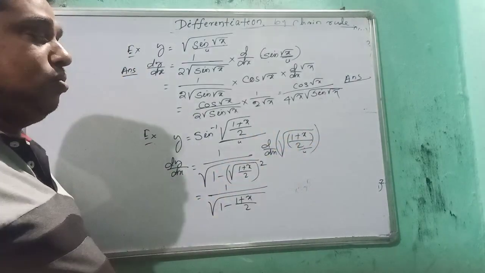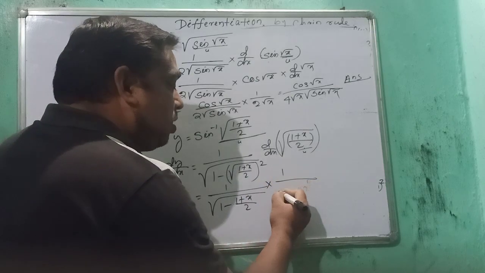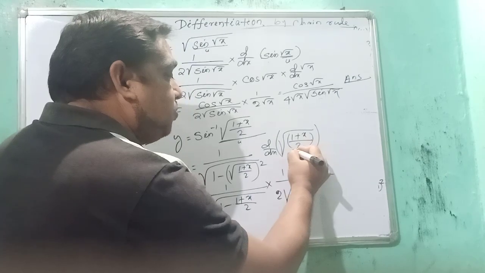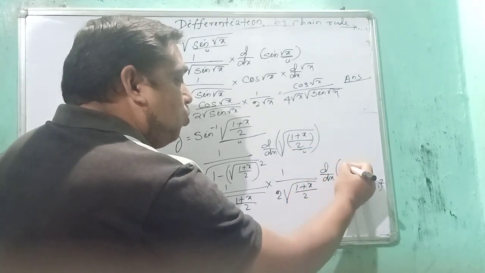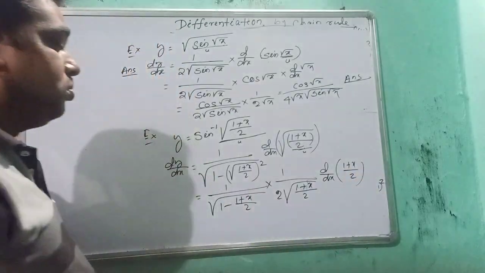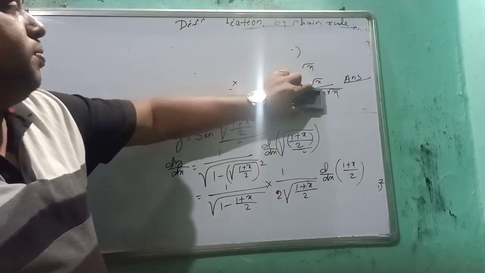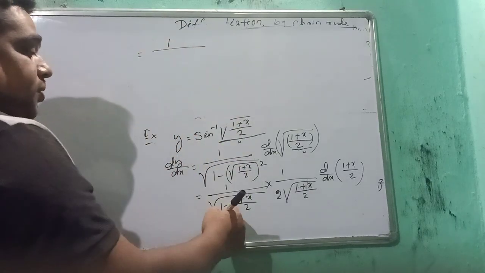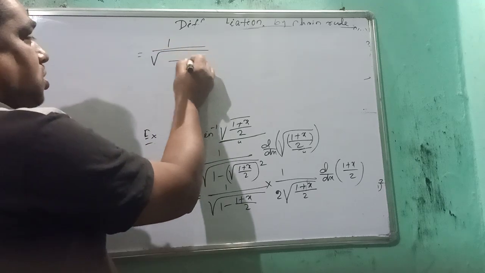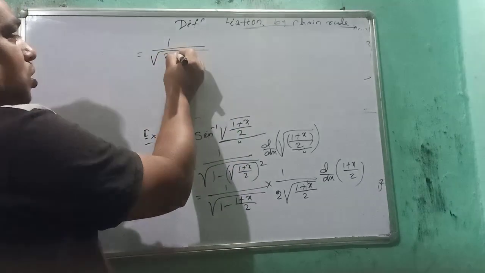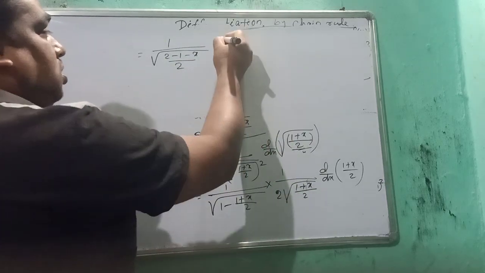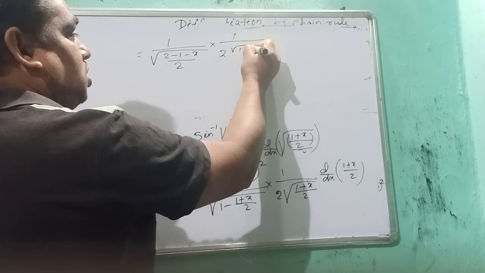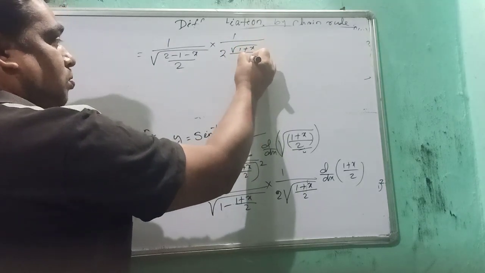Now this function is taken as u here. Then this one is root u. What is the derivative of root u? 1 by 2 root u, into again the derivative of this function u, the derivative of 1 plus x by 2. Now simplify this one. Take the LCM. Then 1 by root of (2 minus 1 minus x) by 2, into 1 by 2 into root of 1 plus x by root 2.